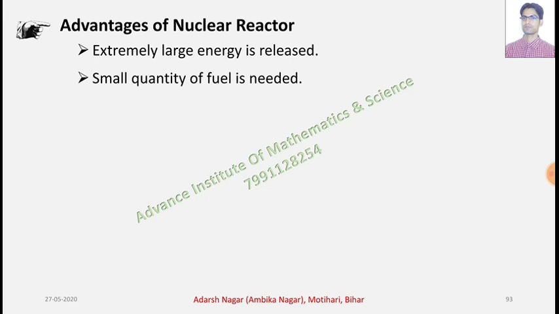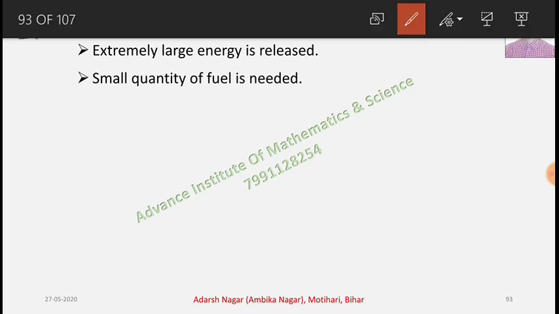Another thing about nuclear reactor: we know this E equals mc squared. This works on the principle of E equals mc squared. E is the energy, m is the mass of the substance, and c is the speed of light. When a small mass is multiplied by the square of the speed of light, it produces a huge amount of energy.